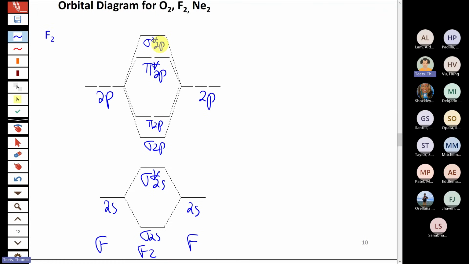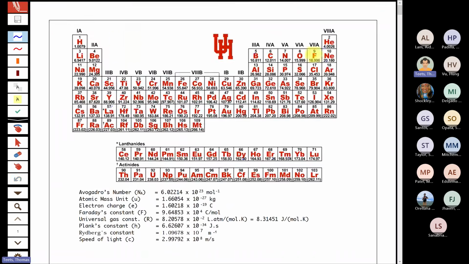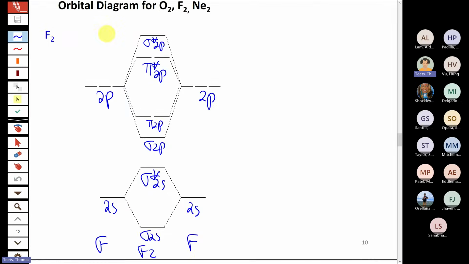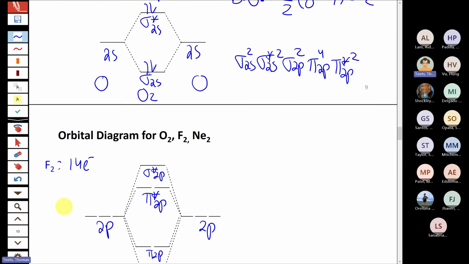All right. So all that's left now for F2 is just to populate it with the correct number of electrons. And so for F2, we go over, and it's just 1 over from oxygen. So fluorine is group 7, so there's 7 valence electrons for each one, total of 14. So this diagram, we're going to populate with 14 electrons to correspond to the valence electron count for F2. And then what we do is, I guess I didn't draw out, you don't have to do this.